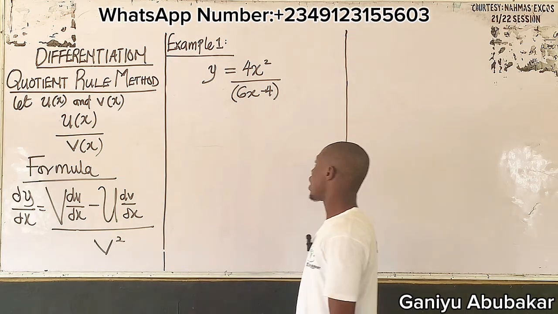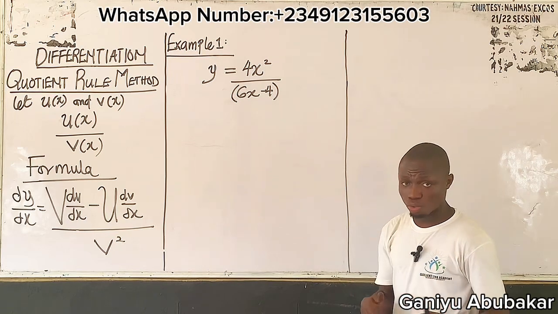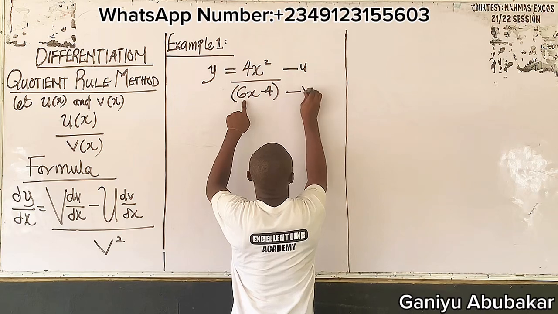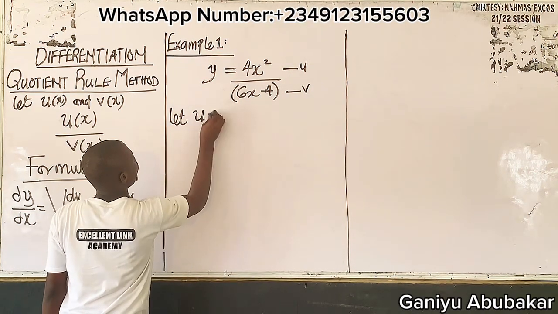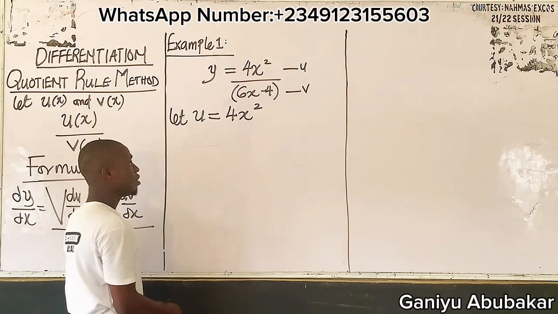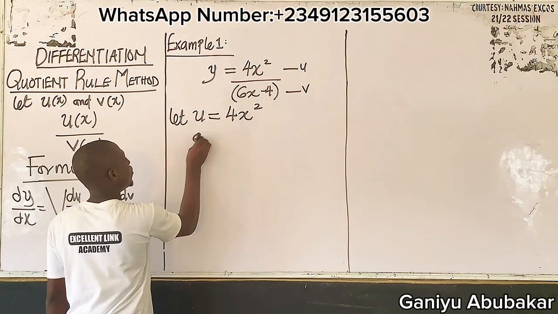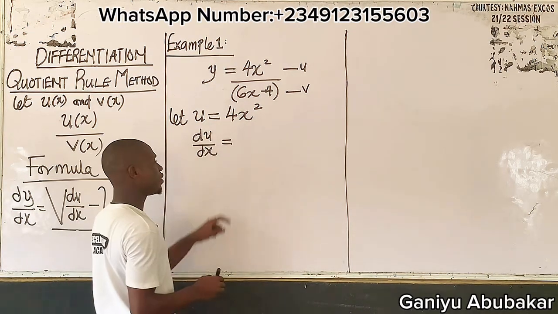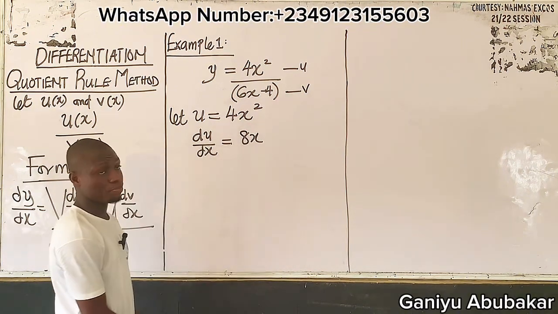So how do you solve this? This pattern of solving is similar to your product rule. My first task is to let this one be u and call this one v. So we said let u be equal to 4x squared. If I differentiate u with respect to x, I'll have du over dx equal to 8x from the general method.